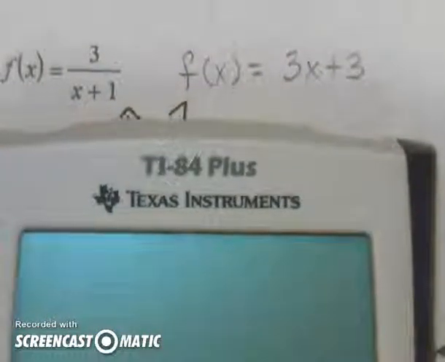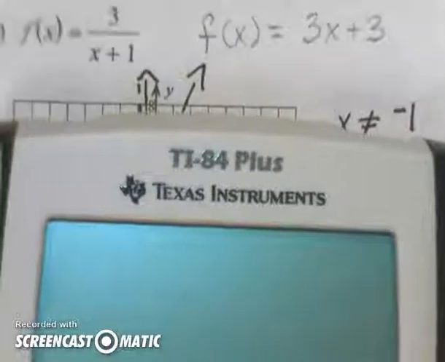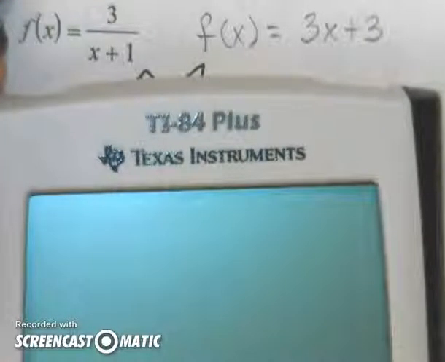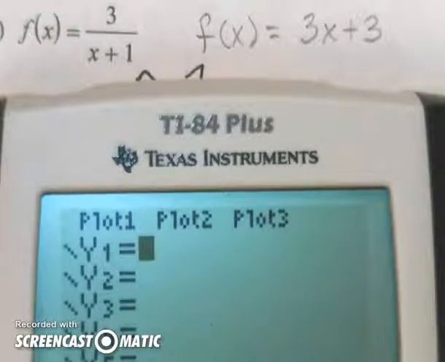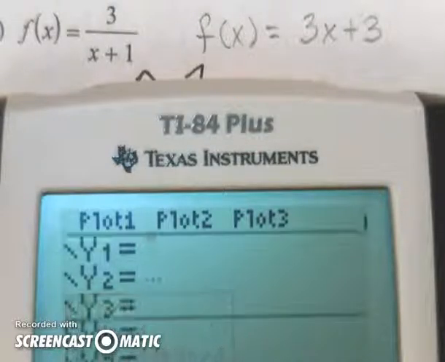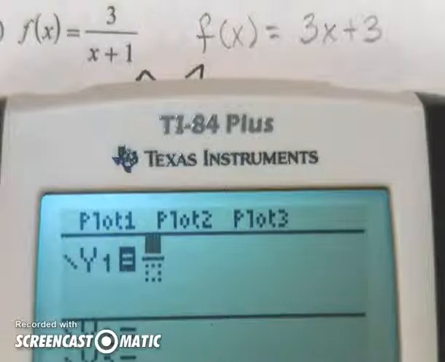I'm going to slide this up just a little bit. There we go, so we can see it all. Turn on my calculator. So I'm going to plug in my two equations. I have alpha y equals for my fraction. I have 3 on top, and on bottom x plus 1.